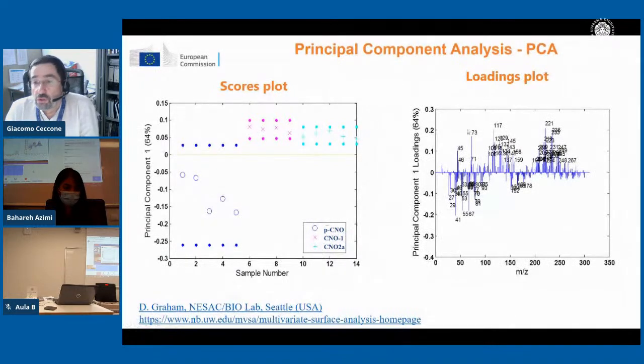Using the loading plot, we see that the negative scores are related mostly to the carbon-hydrogen bonds, whereas the others are related to carbon-oxygen and hydrogen bonds, and some other peaks are related also to silicon.